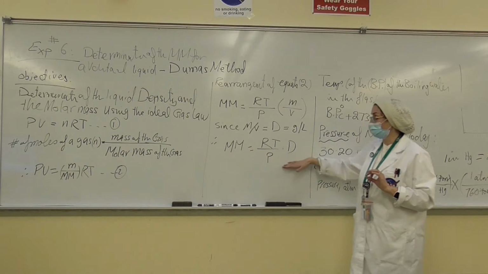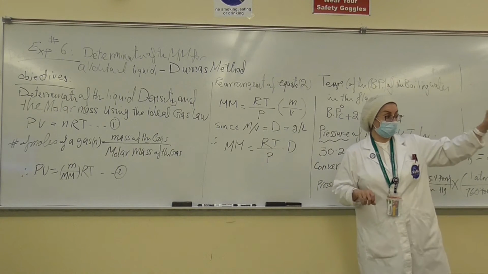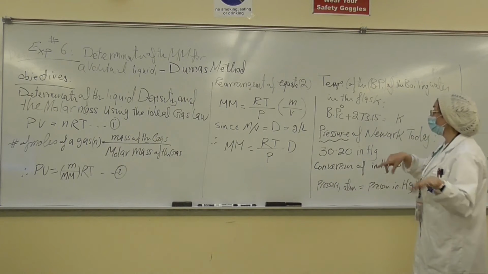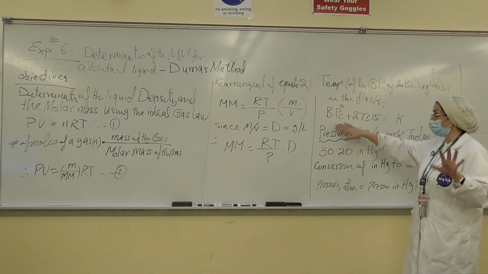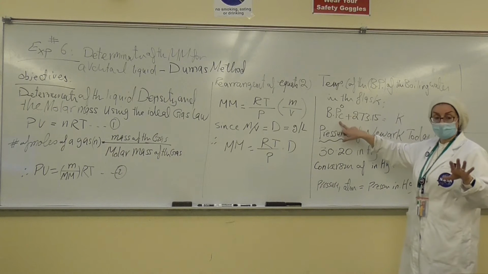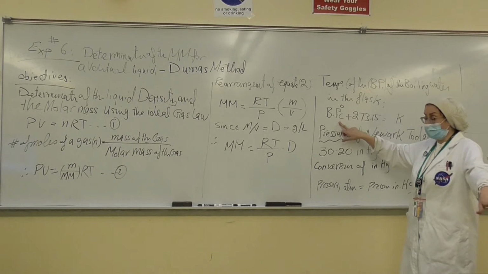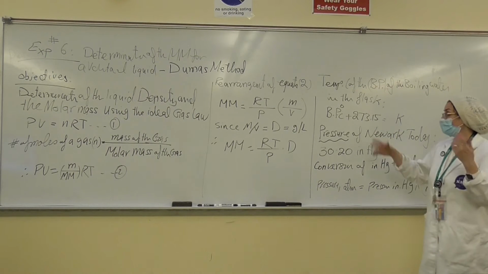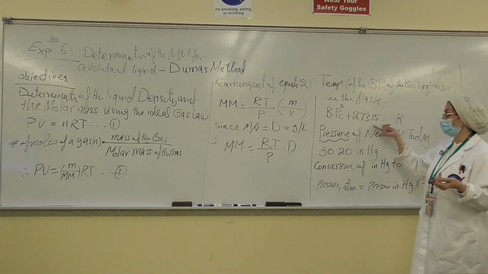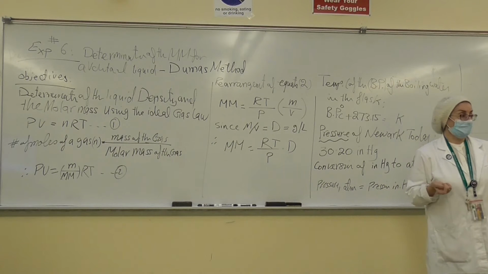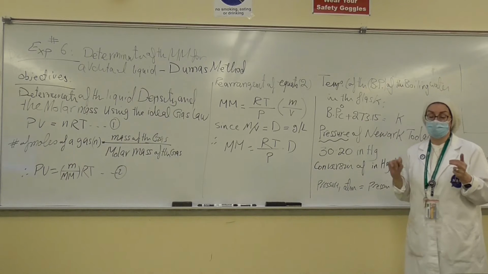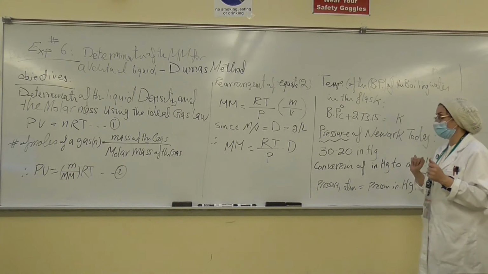And this is how we are going to get our molar mass value. We also are going to convert the degrees Celsius from our thermometer, because that's how we are going to measure the temperature, into Kelvin by adding the difference between the scales, which is 273.15.